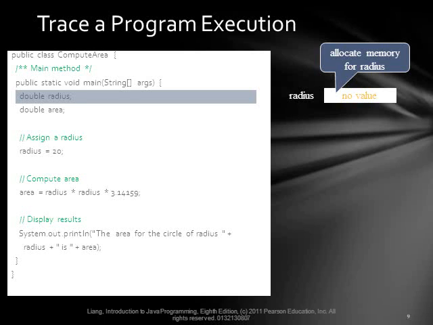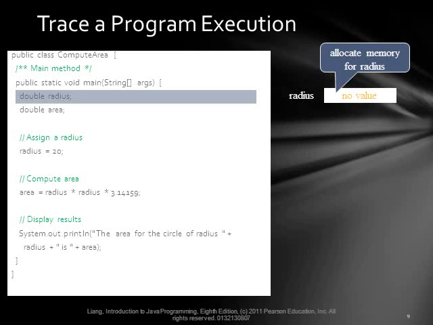Now I made that name up, or Dr. Liang, who wrote the textbook, made that name up. But notice that it is meaningful. And double says that this is a type of data item. The data type is double, and it can hold a decimal. So it's allocated a space in memory for the radius to be saved.